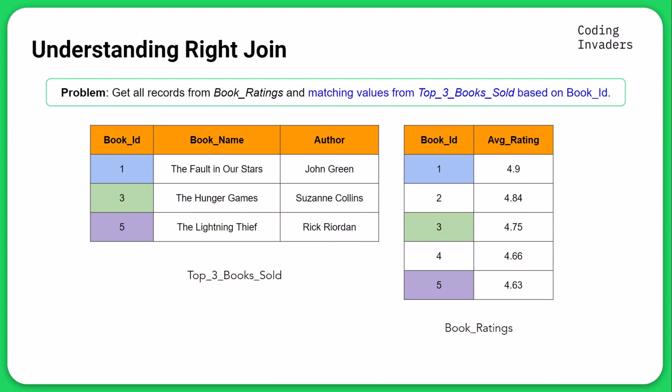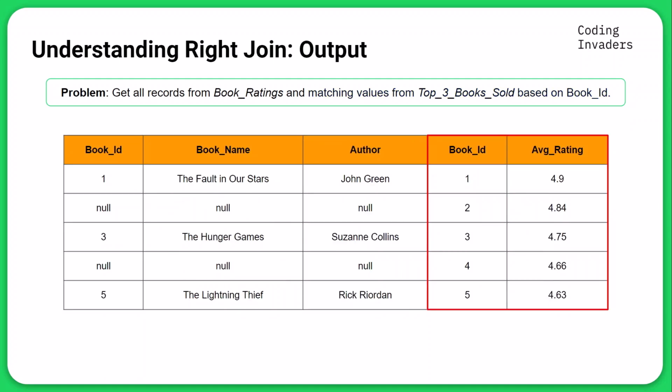So let's visualize how the final output should look. Here it is. Observe that the last 2 columns pertain to the right table, that is book ratings. What are the columns? Book ID and average rating. We have all the records from this table in our output as required by the problem. And the first 3 columns pertain to the top 3 books sold.